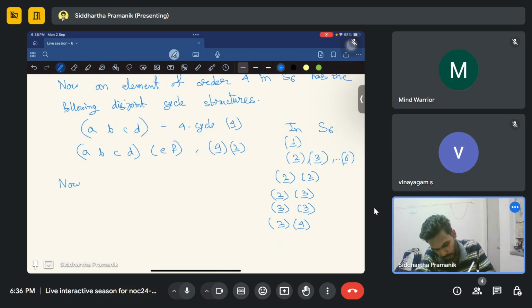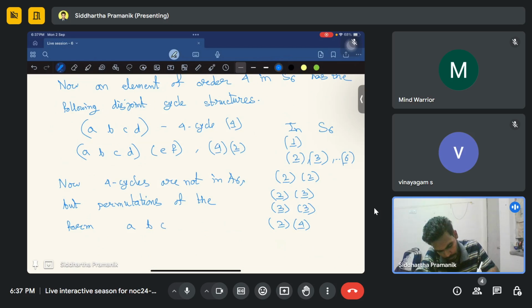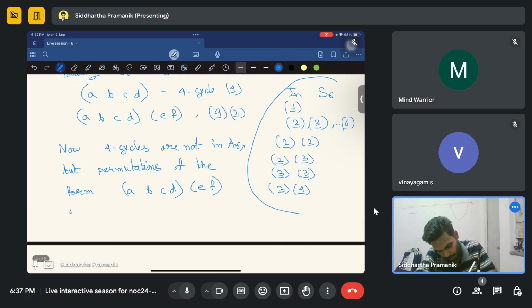Now, 4 cycles are not in A6, but permutations of the form (A B C D)(E F), a product of a 4 cycle with a 2 cycle, are in A6. And these are the only elements of order 4 in A6.